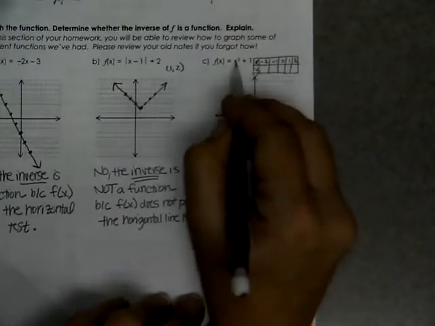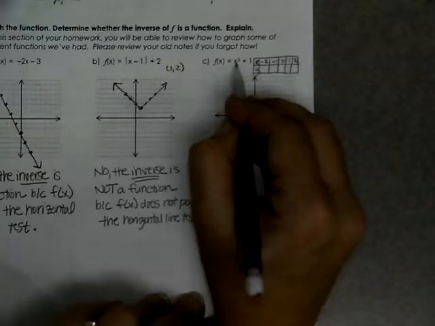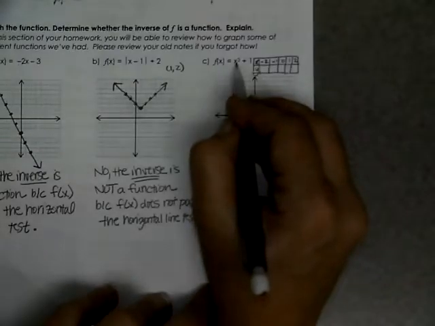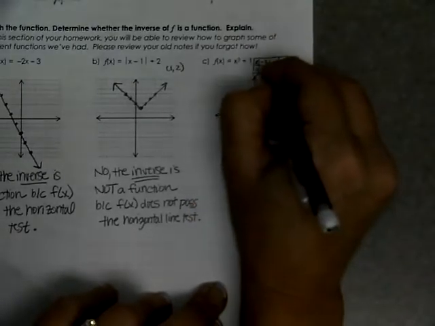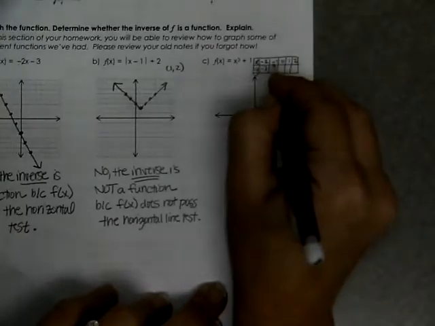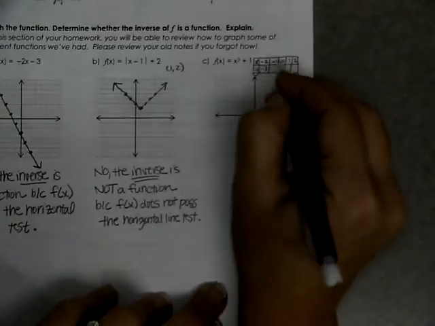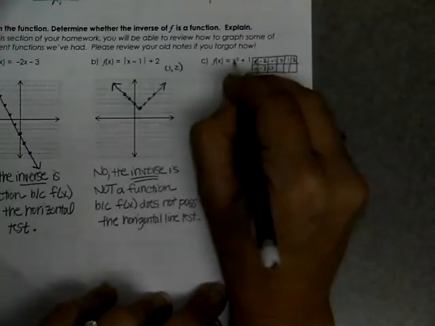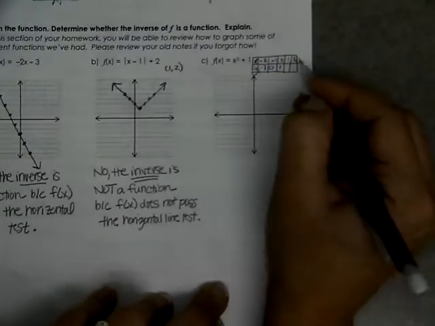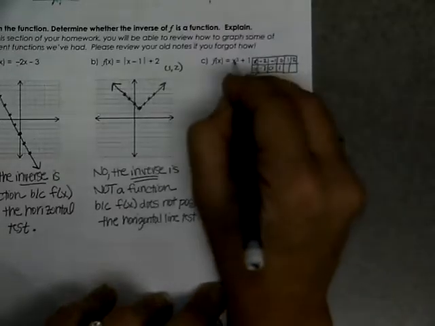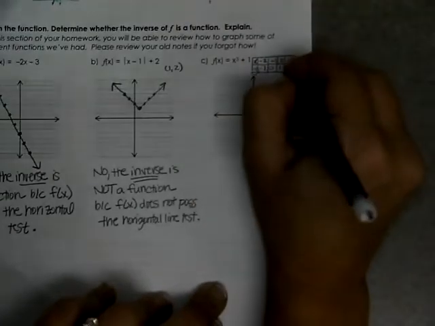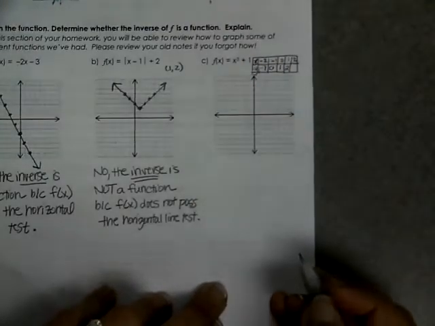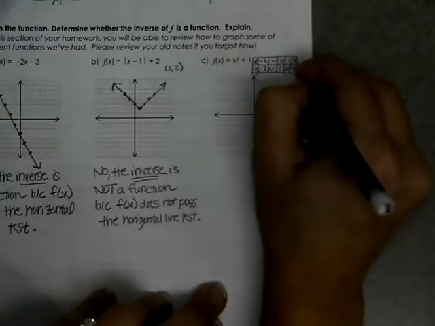And remember, we just substitute those in. So -2 cubed is -8, plus 1 is -7. -1 cubed is -1, plus 1 is 0. 0 cubed is 0, plus 1 is 1. 1 cubed is 1, plus 1 is 2. And 2 cubed is 8, plus 1 is 9.